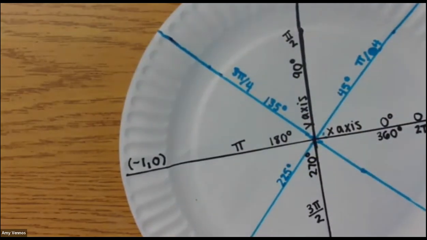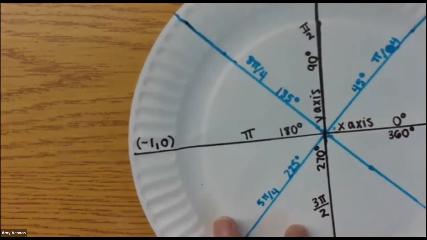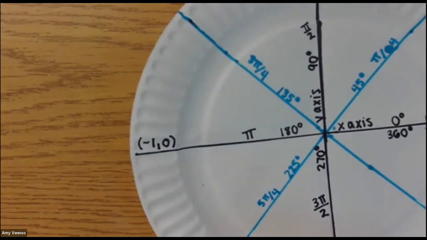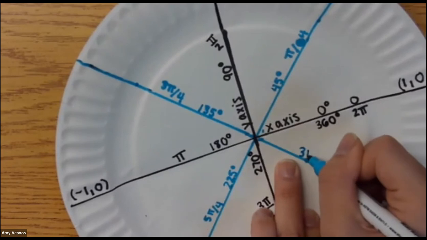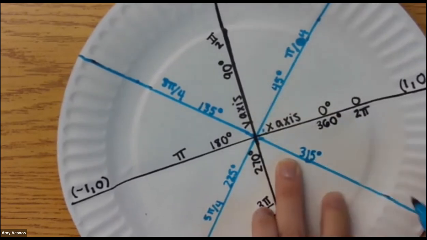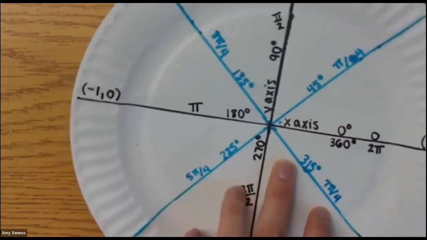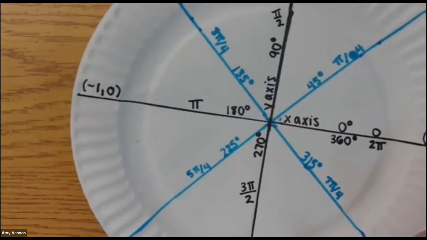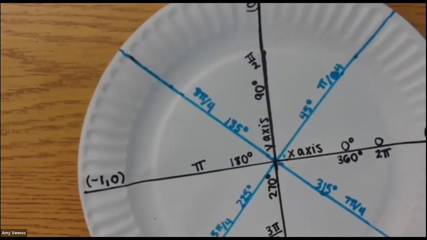I'm cheating by looking at my own. I'm bad at degrees. Another way of saying 225 is 5 pi over 4, right? And finally, the fourth quadrant is 315 or 7 pi over 4. So we have labeled all of these.